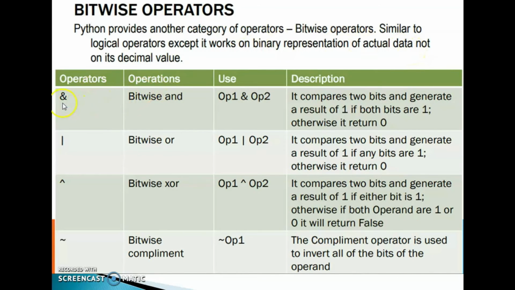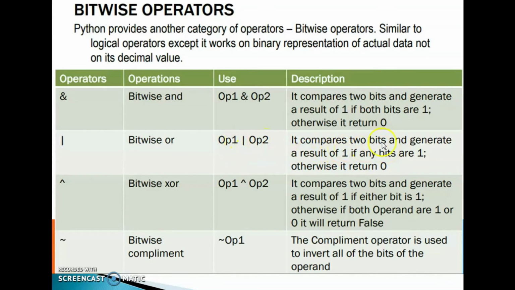The operators are AND, bitwise AND, operand 1 and operand 2. It compares 2 bits and generates a result of 1 if both bits are 1. Otherwise, it returns 0. Then, this is the pipe symbol, OR operator, bitwise OR, operand 1 or operand 2.